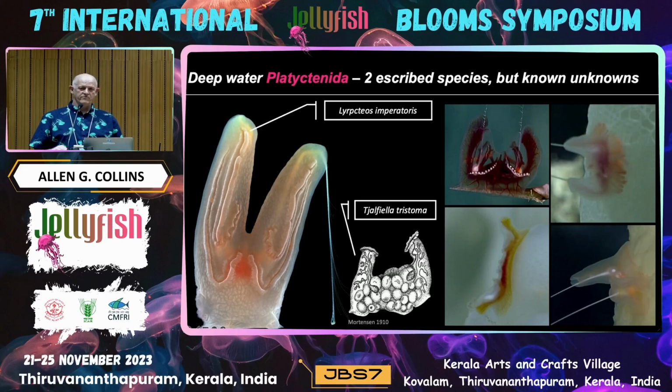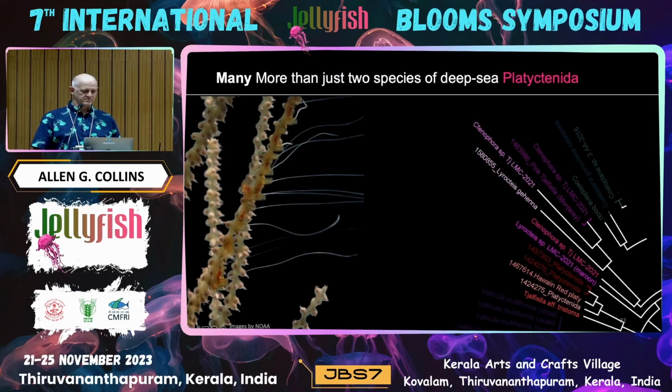But we know from lots of ocean exploration that is associated with high-definition video that there are quite a number of species that are down there living on glass sponges and octocorals typically. So we know that there's a lot of known unknowns. There are species there to be described. And as we've been accumulating the genetic data, in fact, it's true that almost every different one that we've been sequencing is a distinct lineage, one from the next.